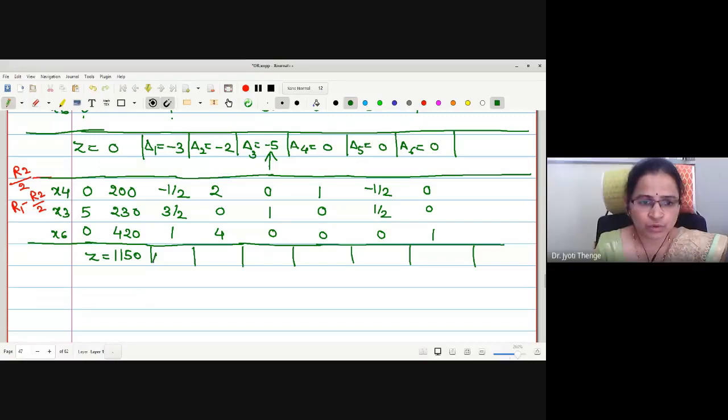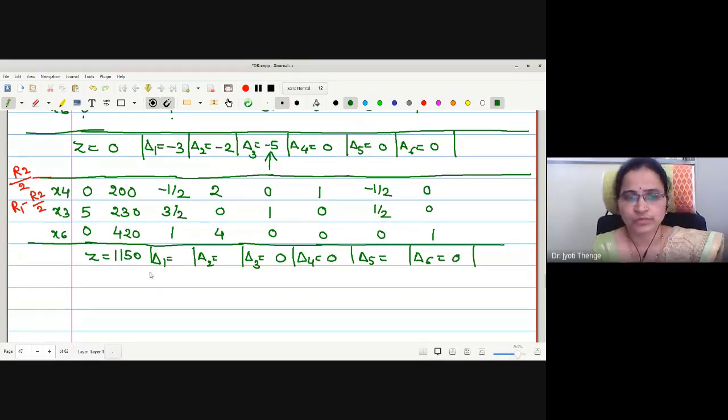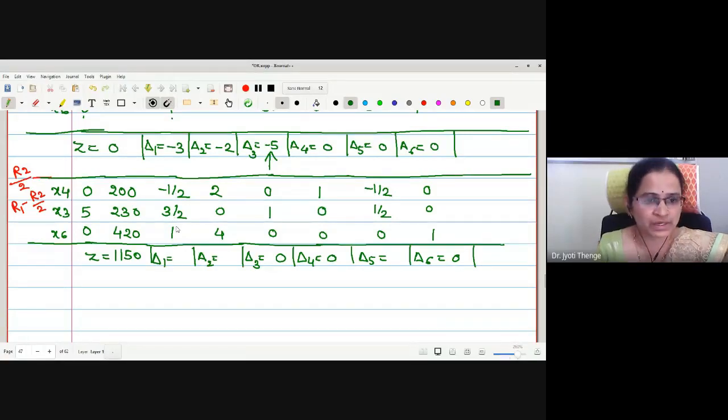Okay. Now we will find out delta 1, delta 2, delta 3, delta 4, delta 5, delta 6. Now, which are the basic variables? 4, 3, 6. We will write the value 0 for them. We will calculate only for the remaining. What is delta 1? 0 into 0, plus 5 into 3 by 2, minus C1.